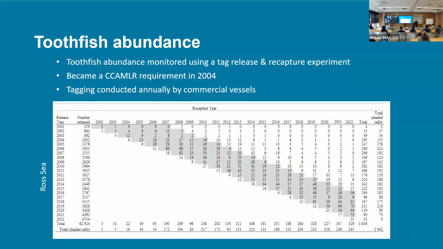And you get these sort of diagonal tables like this that give you constant multiple year ways to estimate the abundance. You can do it for individual size or age groups of fish as well. And all that goes into these integrated stock assessments to estimate stock status through time.